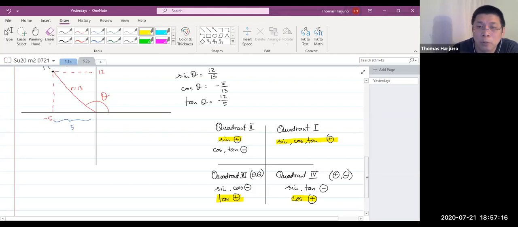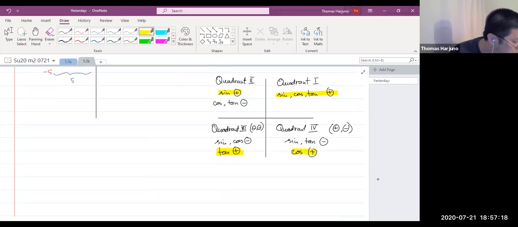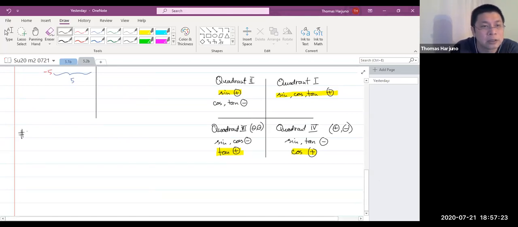Okay. Suppose, for example, I pick question number 76. The coordinate P is -8, -15. So I sketch that.